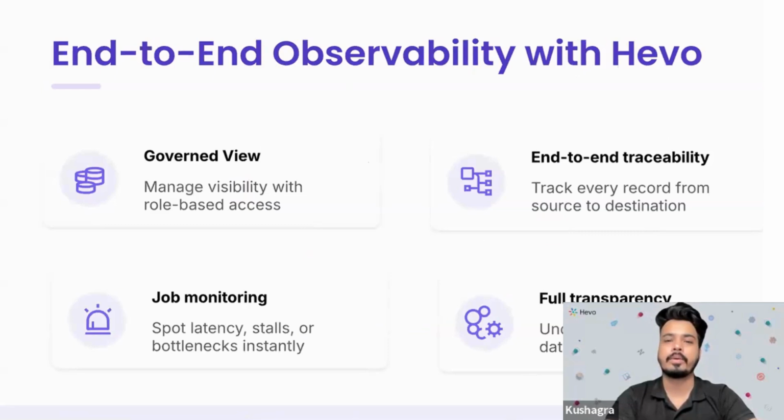You can monitor every job in real time and also instantly identify bottlenecks, latency spikes, and schema changes. So instead of investigating blind, you get full visibility into every stage of your data movement. These are some of the building blocks which Hevo has utilized for building the end-to-end observability.